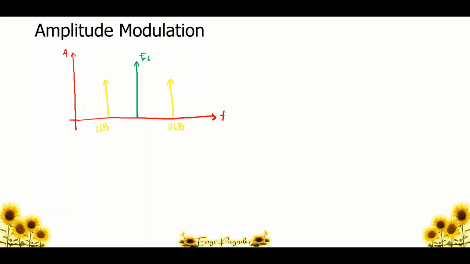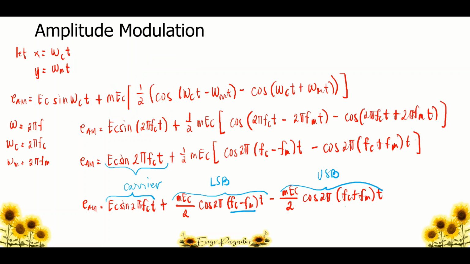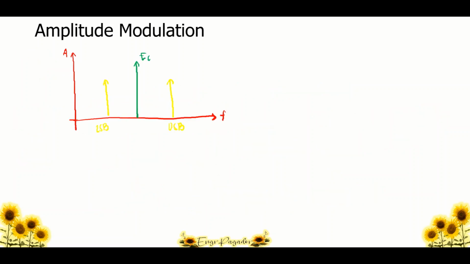So, ano ngayon yung amplitude ng ating lower sideband? So, from the equation na na-form natin kanina, we have the equation for the lower sideband is MEC over 2 cosine 2 pi FC minus FM times T. So, if we observe dito sa ating equation, yung amplitude natin is MEC over 2.